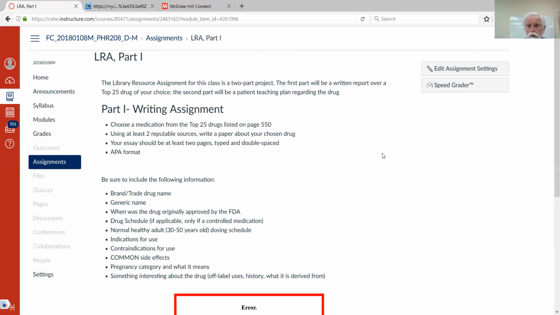So there are several other sources that can be used for investigating drugs. One of which is drugs.com.